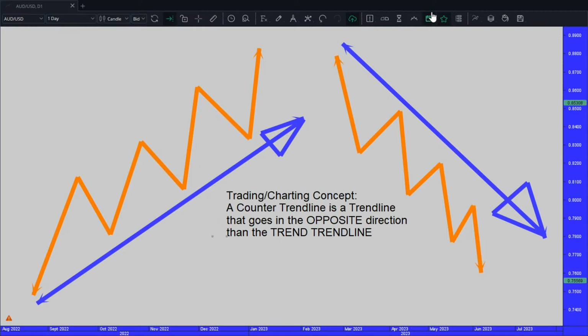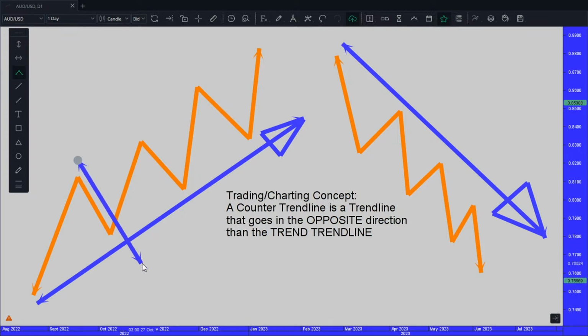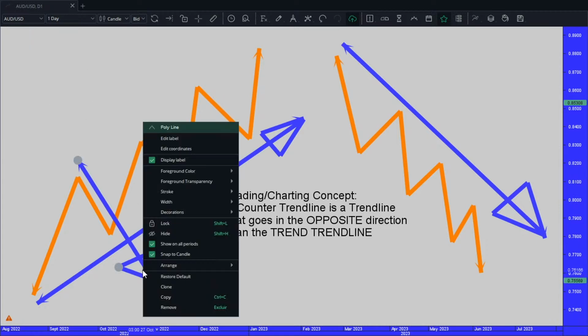What does this mean? This means that in an uptrend, if the trend line is up, the market's making higher highs, higher lows, the counter trend line is going to go up or down?